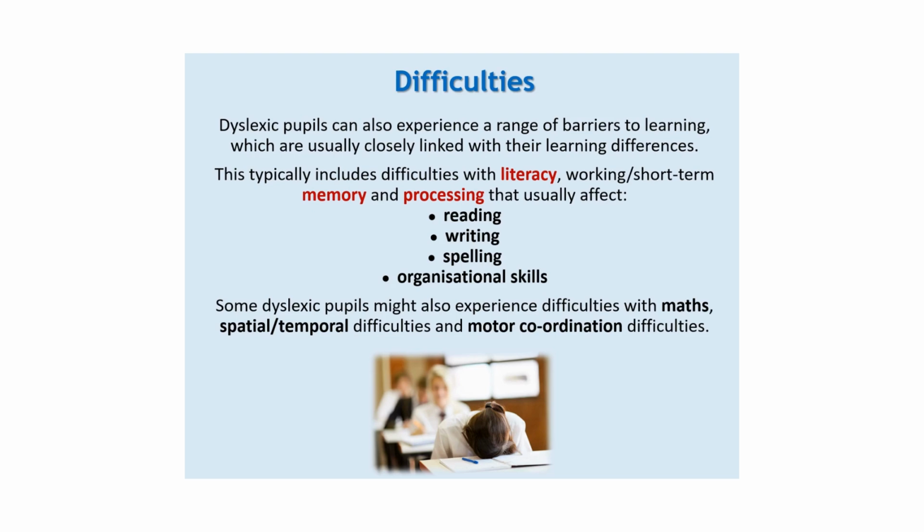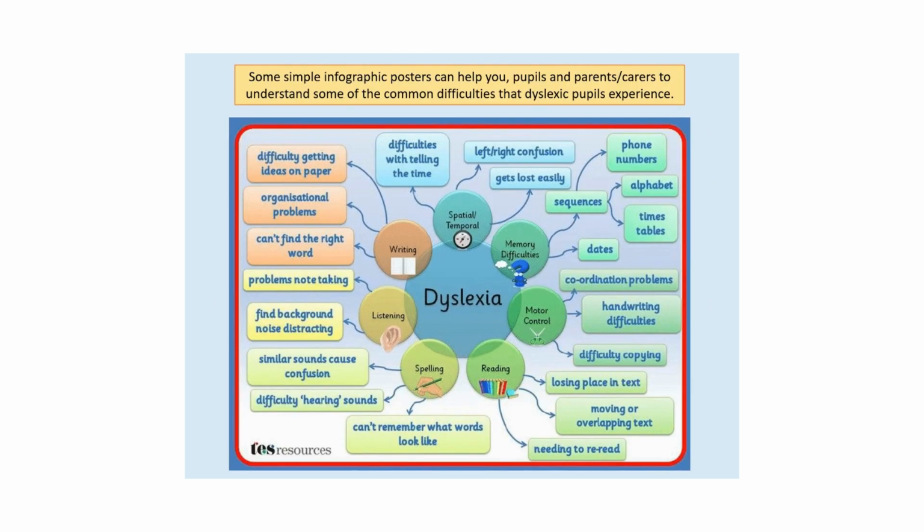Some dyslexic pupils might also experience difficulties with maths, spatial and temporal difficulties, and motor coordination difficulties. Some simple infographic posters can help you, pupils, and parents and carers to understand some of the common difficulties that dyslexic pupils can experience.